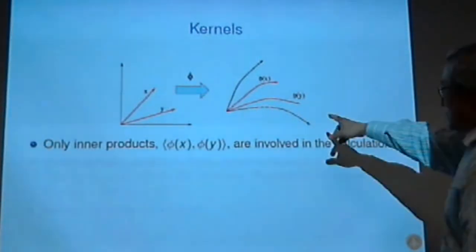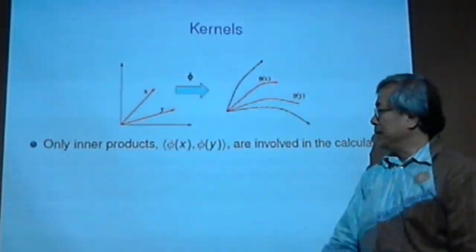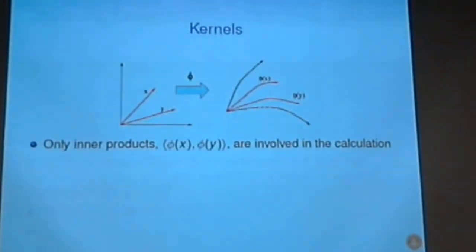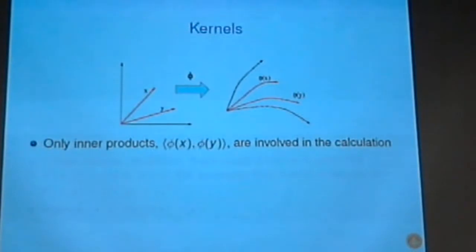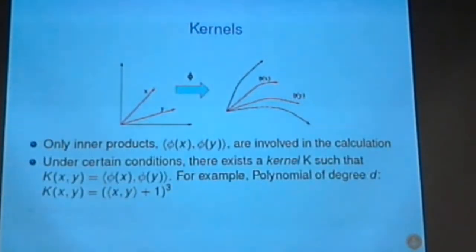So if you use a certain transformation, it only depends on the inner product of the transformed variables. Under certain conditions, usually called regularity conditions, there exists a kernel so that you have this result.